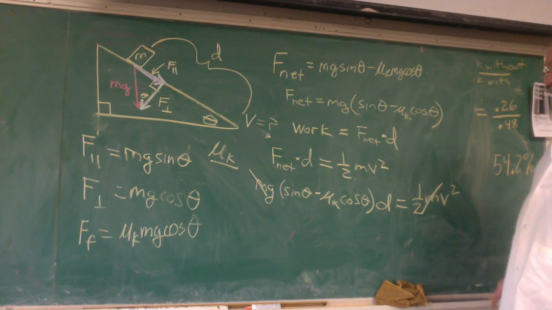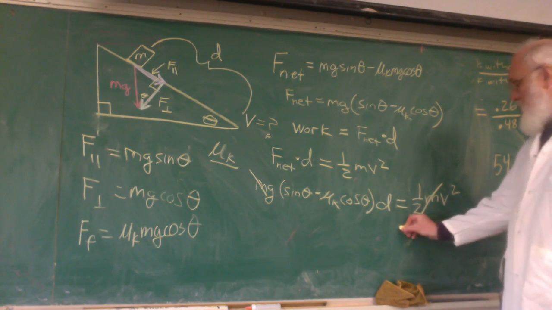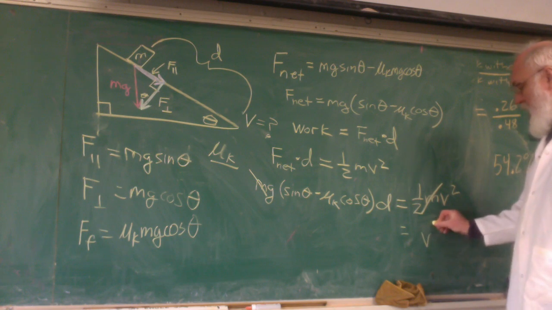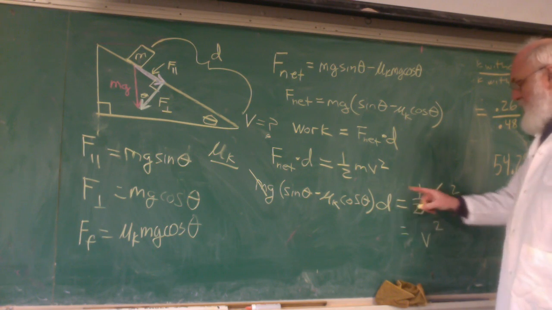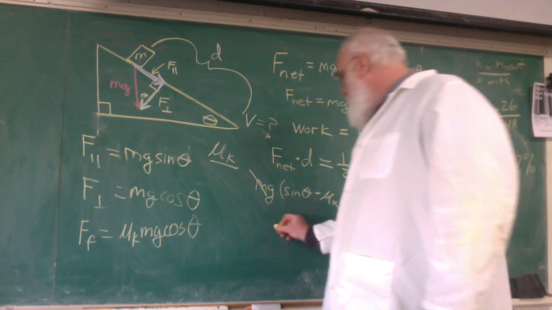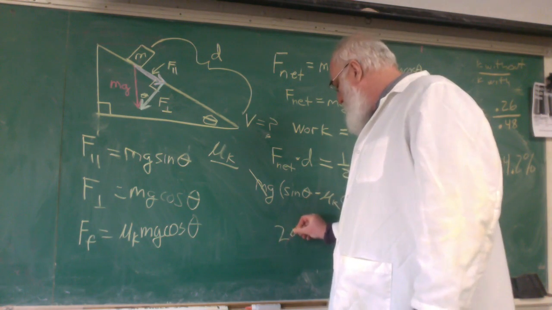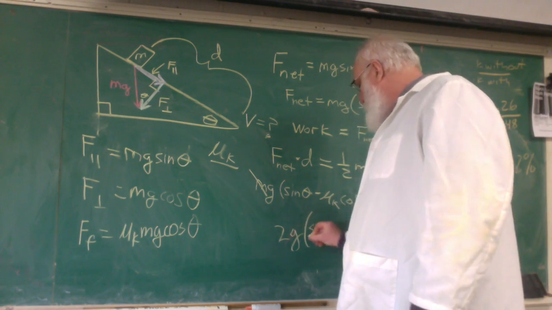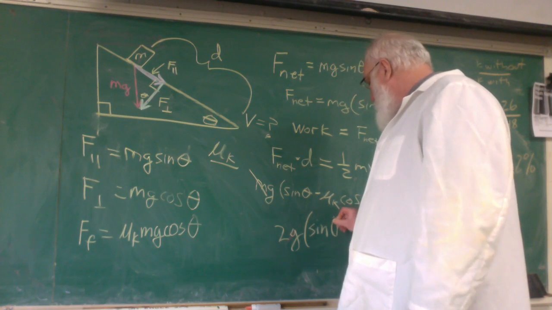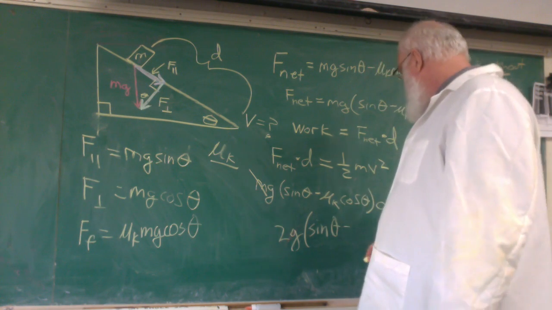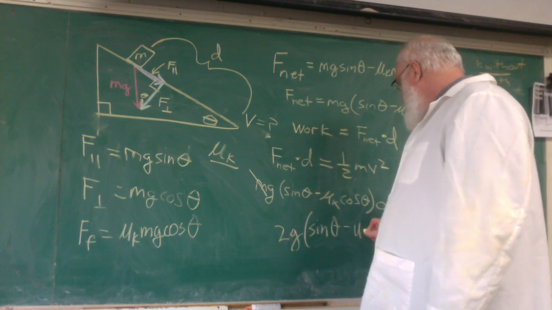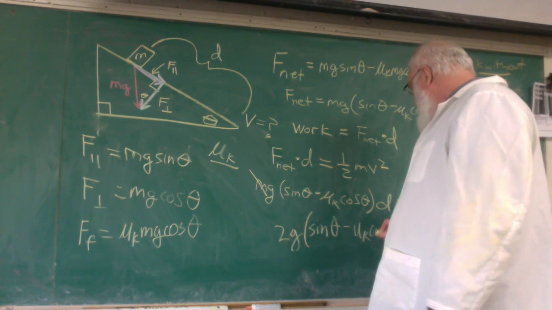So we have this interesting relationship for figuring out the velocity. That 2 can come to the other side. So it's 2g, and then we have sine of theta minus mu k cosine theta.